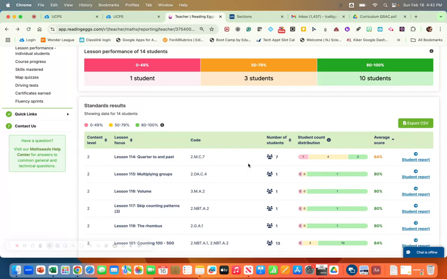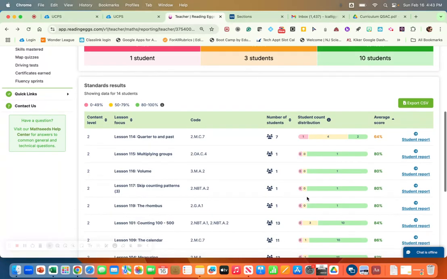Here's the standard, right? We have 1 student that scored between 0 and 49% on the lesson quiz, 4 students between 50 and 79% on the lesson quiz, and 2 students that passed. Again, you get to click on the student report and see who those students are.